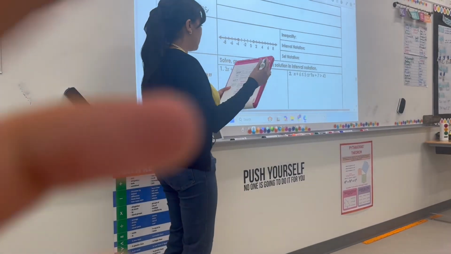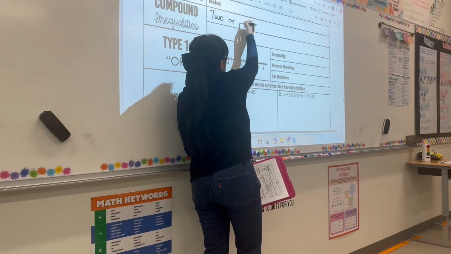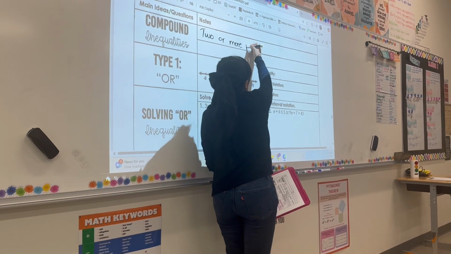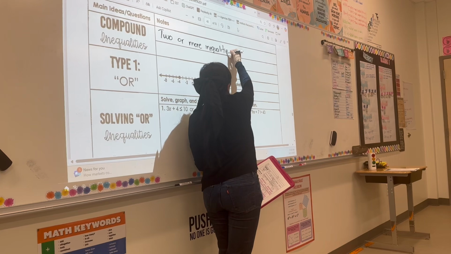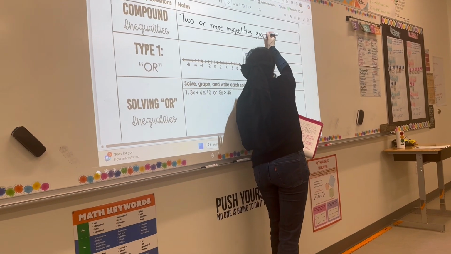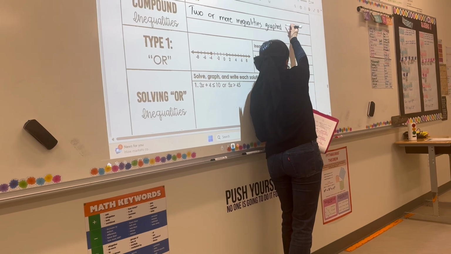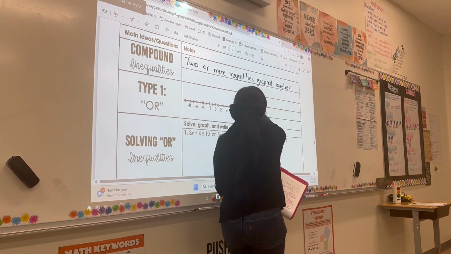A compound inequality is two or more inequalities graphed together on the same number line.